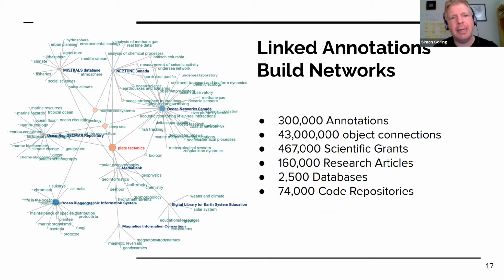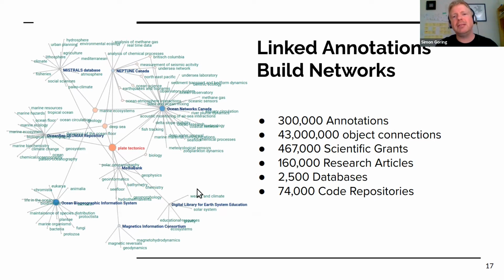And so within Throughput itself, there are over 300,000 annotations, which leads to about 43 million different object connections. We have almost 500,000 scientific grants registered. We have full text articles linked as well with their DOIs. We've indexed about 2,500 research databases and 74,000 code repositories.